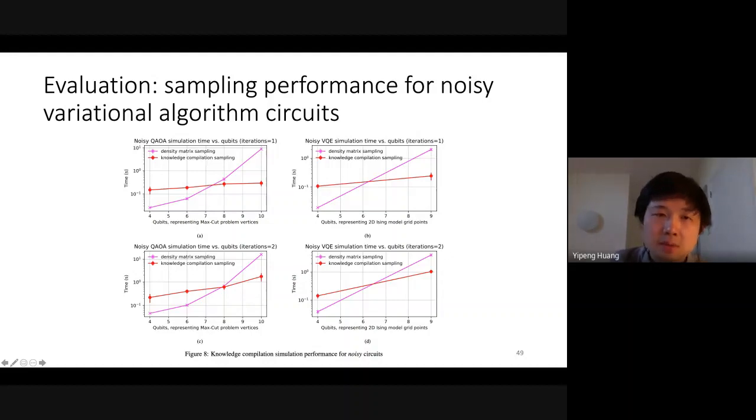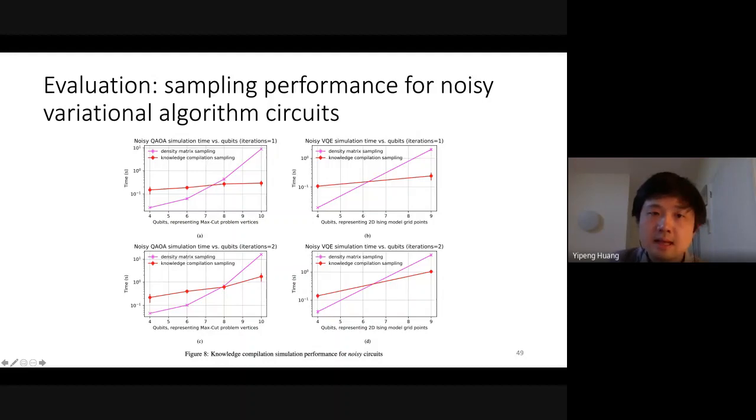For each of them, I'm going to plot the time it takes to do simulation on the vertical axis against the number of qubits in the quantum circuit that I'm trying to simulate. On those axes, I plot the time it takes to do density matrix simulation and the time it takes to do knowledge compilation, so our approach to doing the simulation.